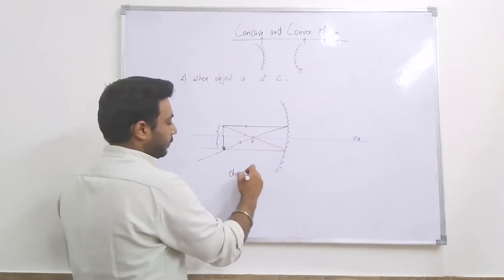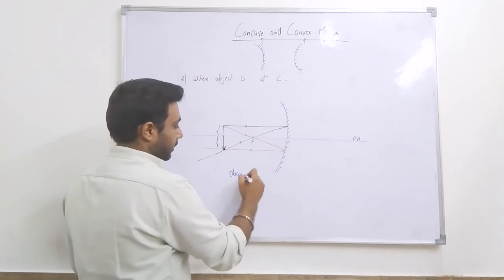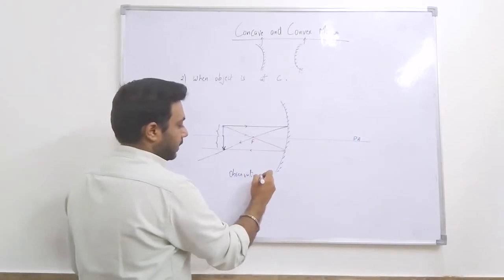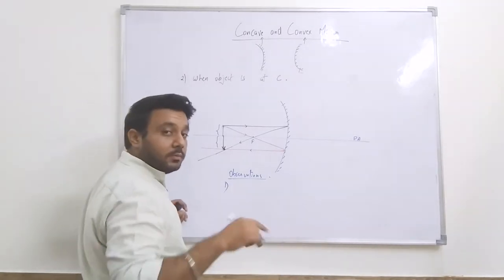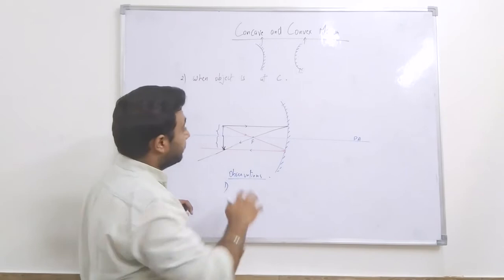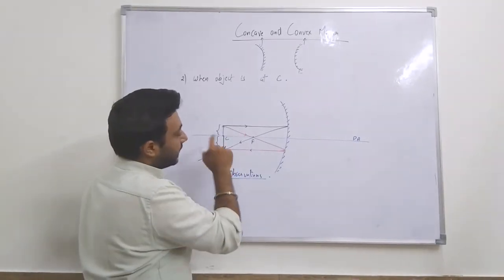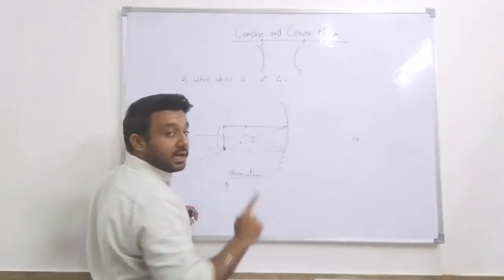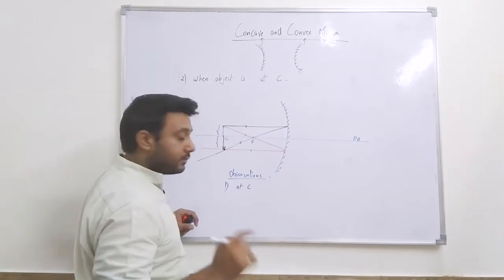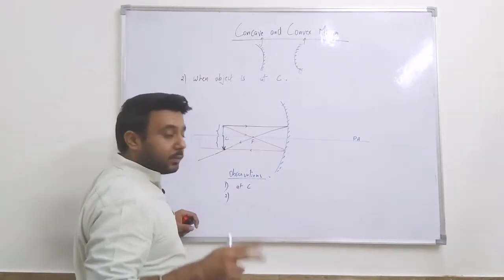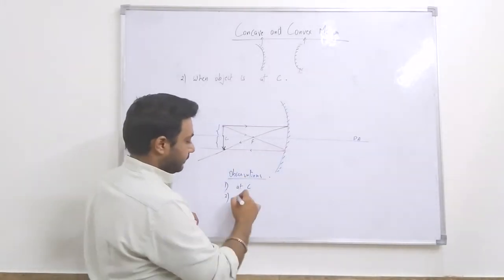Observation. What we have observed now. This arrow is important. First observation: the image is also formed at curvature. The object was at the curvature, and the image is also formed at the curvature. At C, image is formed at C. Second point, it is of the same size as that of the object.